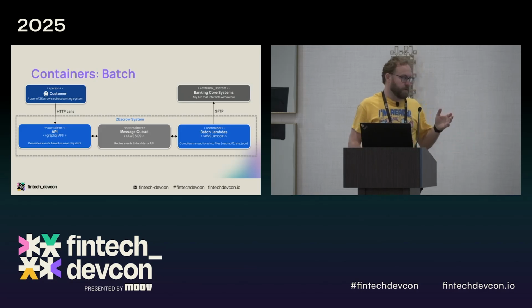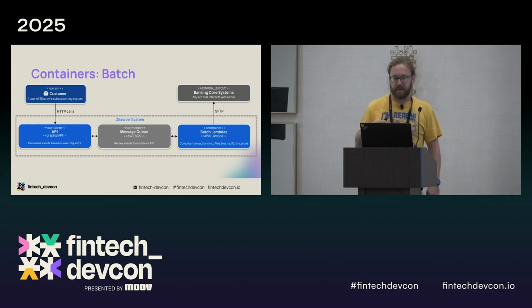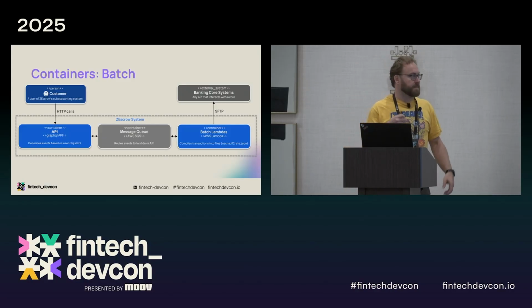As it builds, once it hits that trigger point, those transactions get sent into an AWS message queue, which is then picked up by these lambdas that grab all the transactions, create the file, and drop it in the bucket, and then the bucket sends it on to the core.